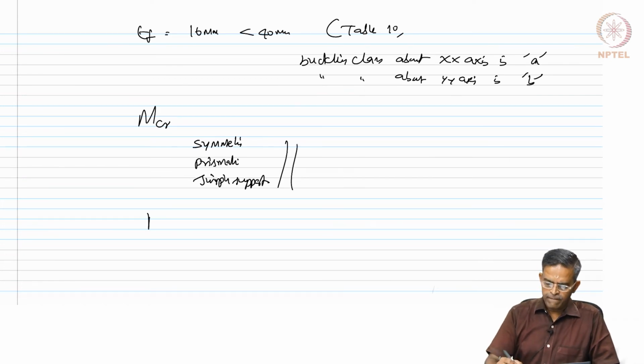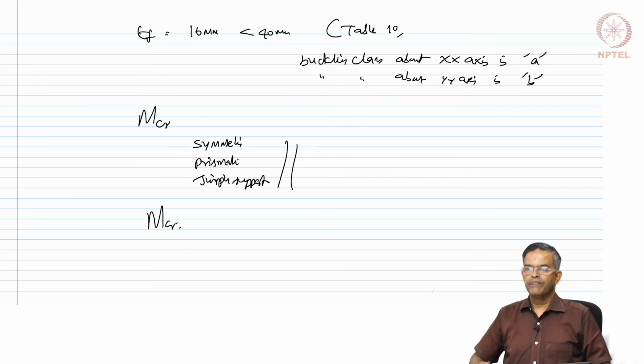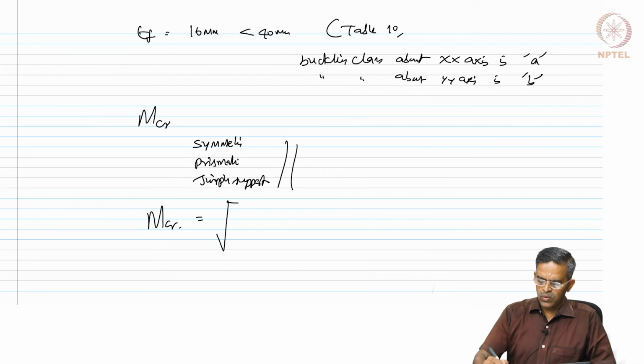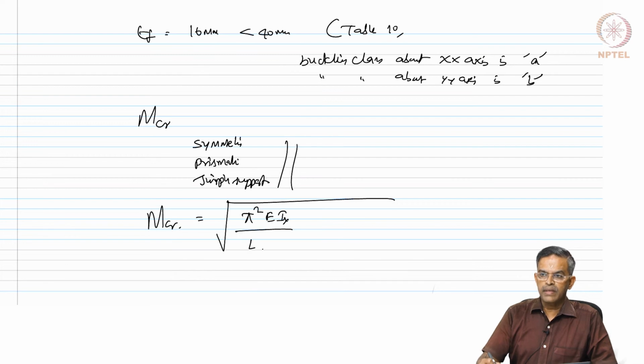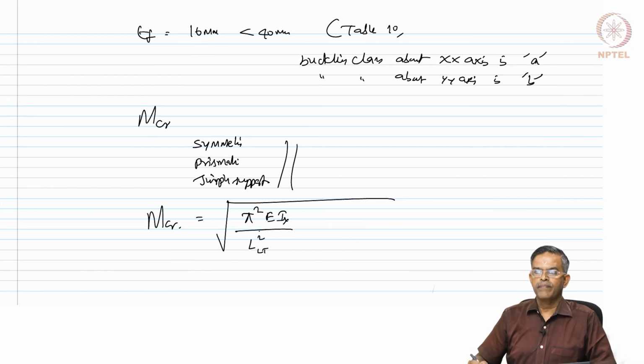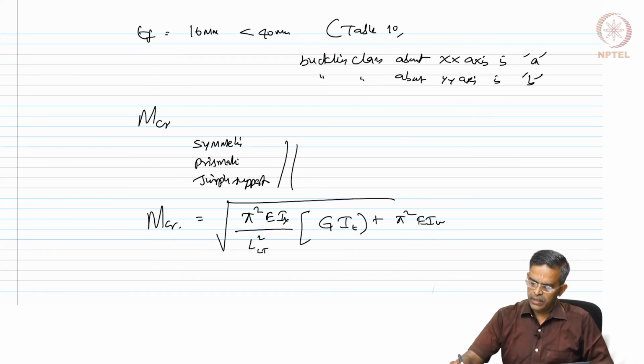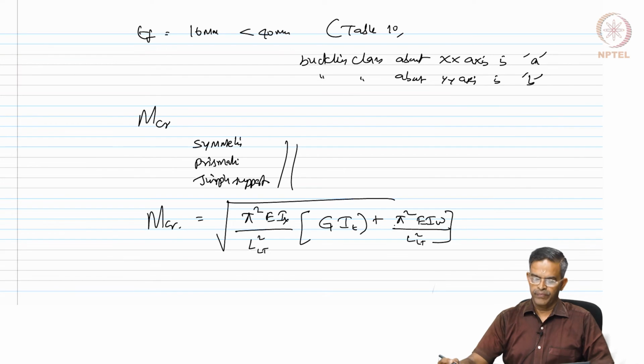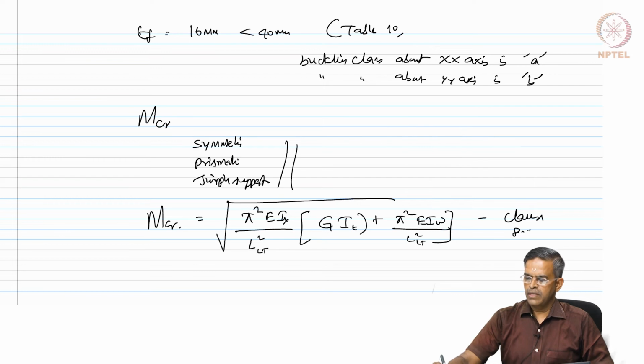For these conditions, Mcr is given by square root of pi square EIy by LLT square of GIt plus pi square EIw by LLT square. This is as per clause 8.2.2.1, sorry.